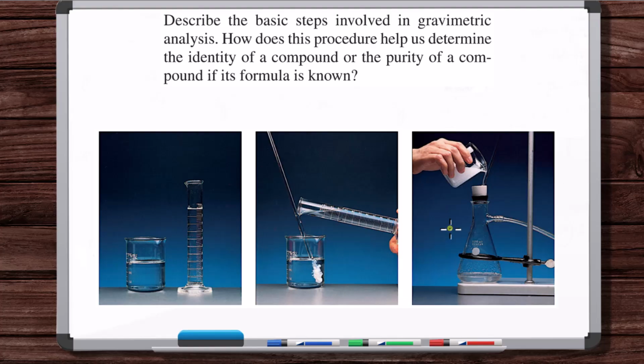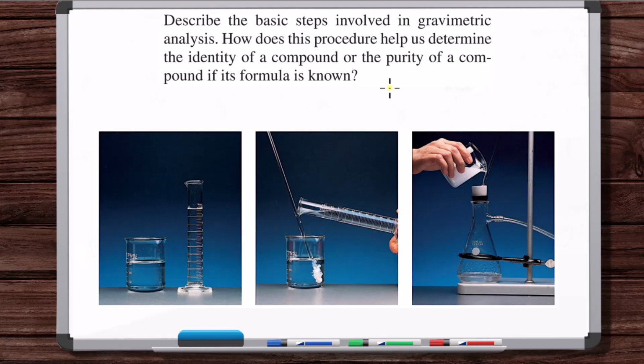And so when we calculate the percent composition by mass of the ion in the precipitate in the unknown compound, we know what to expect because we know the exact chemical formula of the compound that was dissolved in the beaker. So if it's perfectly pure, then those percent compositions by mass are going to match up exactly.